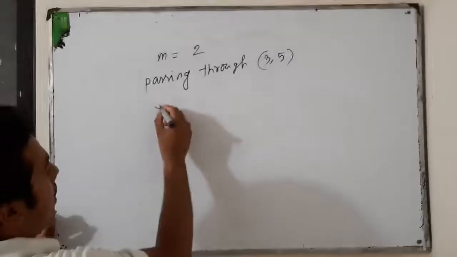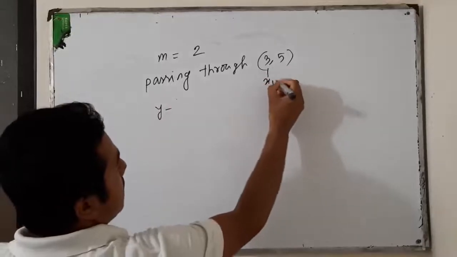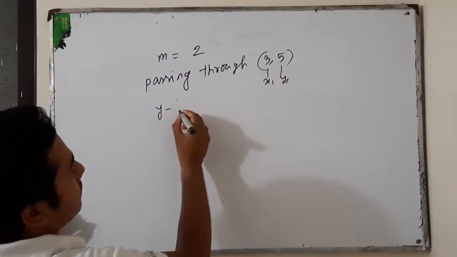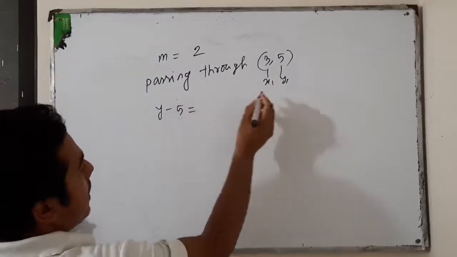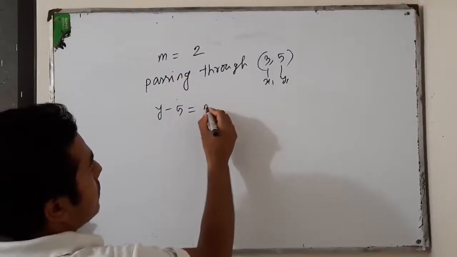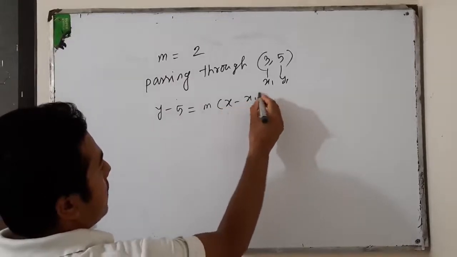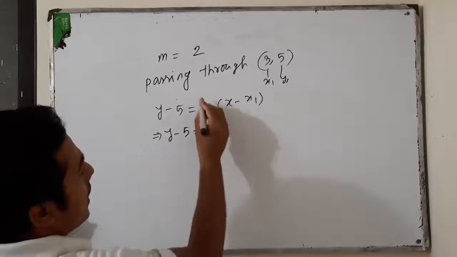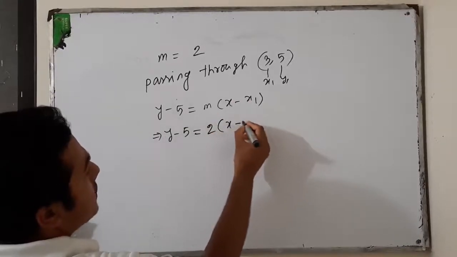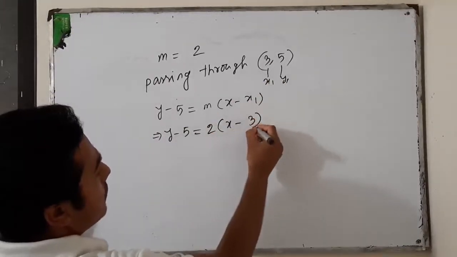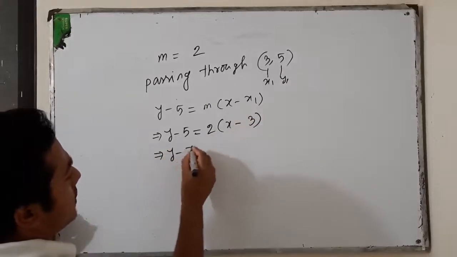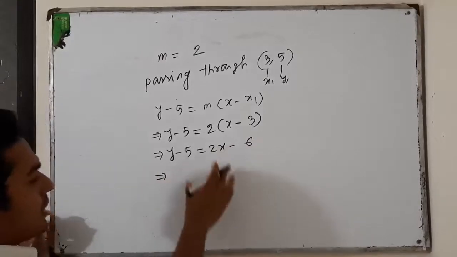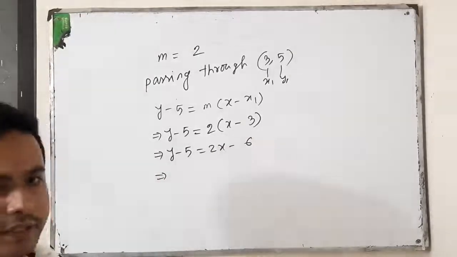This is x1, this is y1. So y minus y1 equals m into x minus x1. So y minus 5 equals 2 into x minus 3. Then y minus 5 is equal to 2x minus 6. Then we can simplify this calculation.